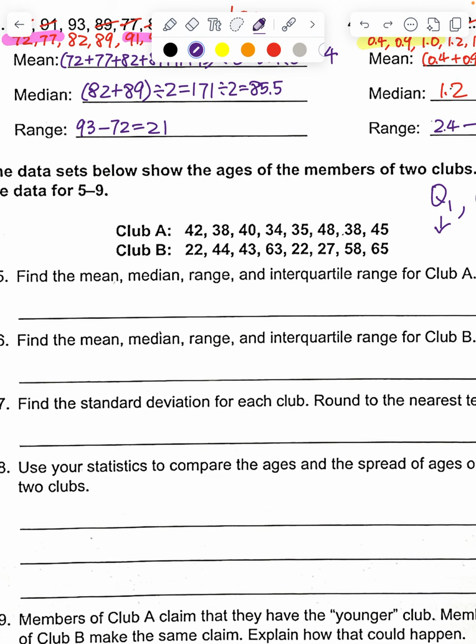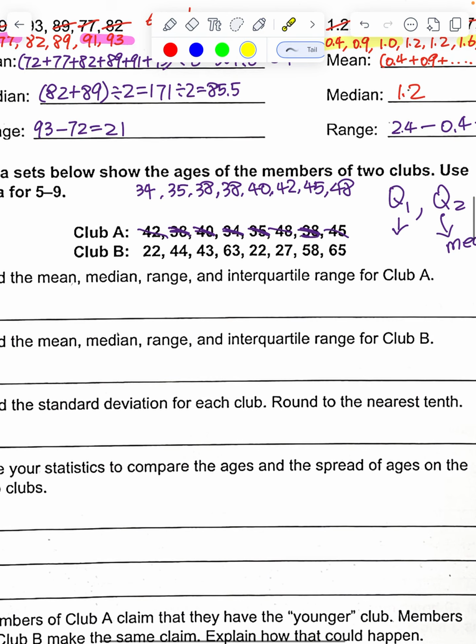Let me double check. How many numbers from the original side? 1, 2, 3, 4, 5, 6, 7, 8. So this is 8 numbers. Did I write out all 8 numbers? 1, 2, 3, 4, 5, 6, 7, 8.